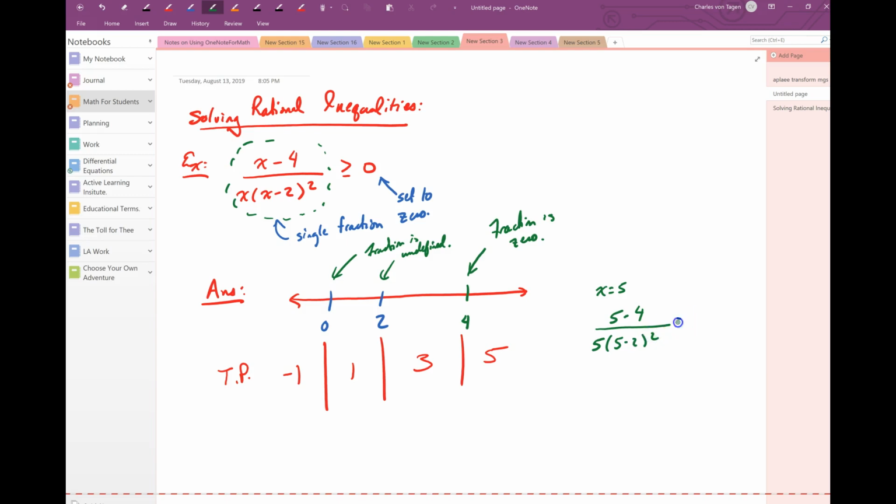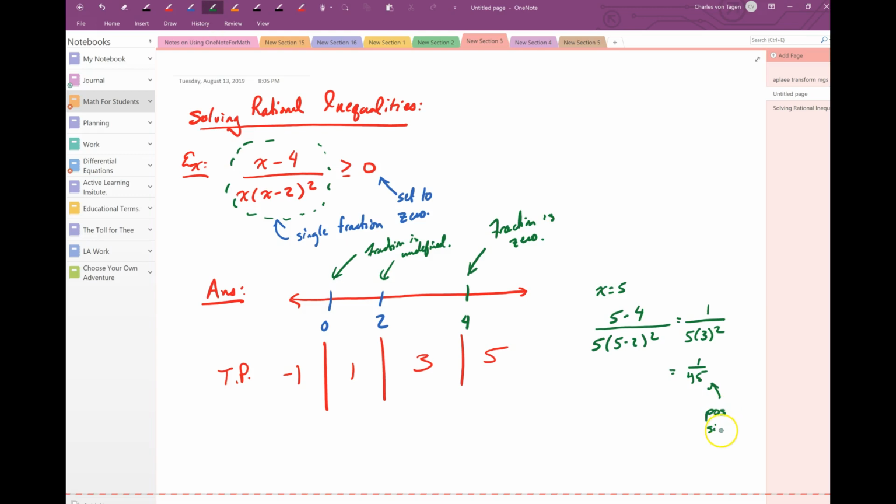This cleans up to be 1 all over 5 times 3 squared, which would give us 1 over 45. To be honest, I don't care that when x is 5, this fraction evaluates to 1 over 45. What I care about is that when x is 5, this fraction is going to evaluate to have a positive sign.